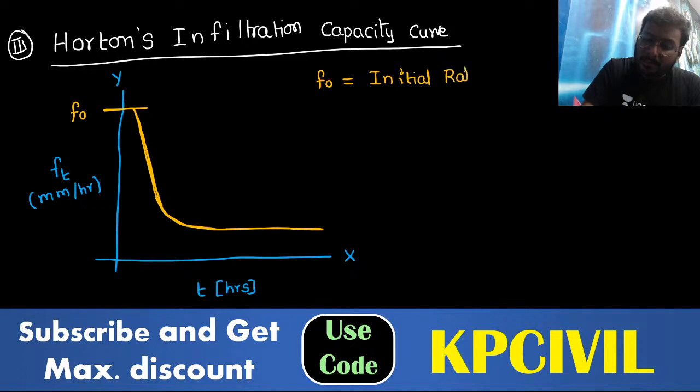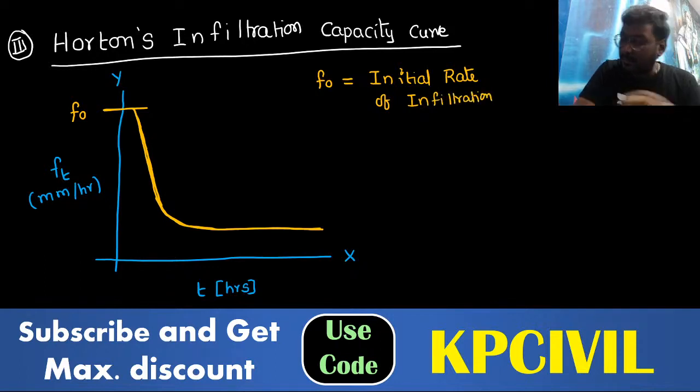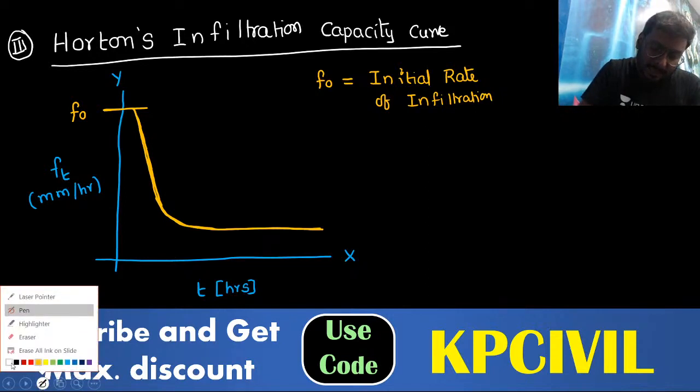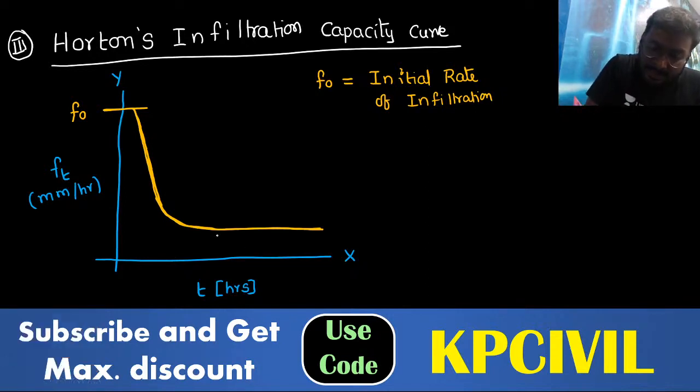It decreases with time and then becomes constant. At a certain stage, it will become constant. What is the name given to that constant value?